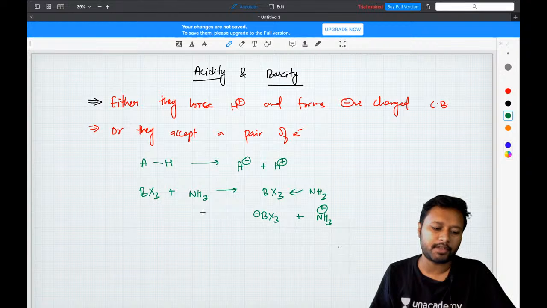So that is one of the things we have to discuss, and that's something you should know. Compounds which on losing an H plus ion form a stable conjugate base are said to be strong acids.